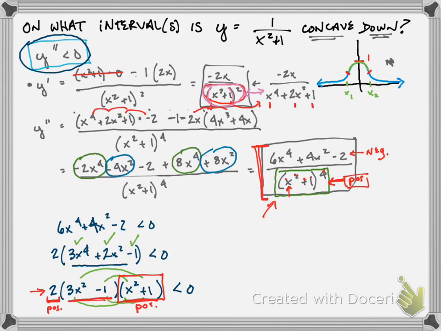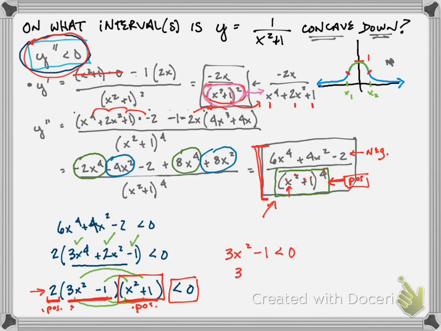And so that tells me that 3x squared minus 1 has to be less than 0. You've got a positive times something, and you need the result to be negative. Well, that something, 3x squared minus 1, has to be negative. It's the only way that our second derivative will be less than 0.